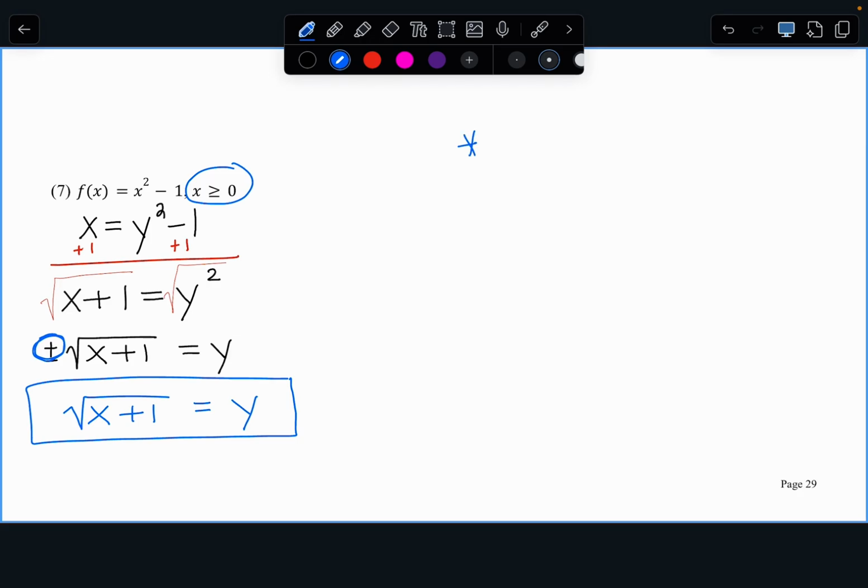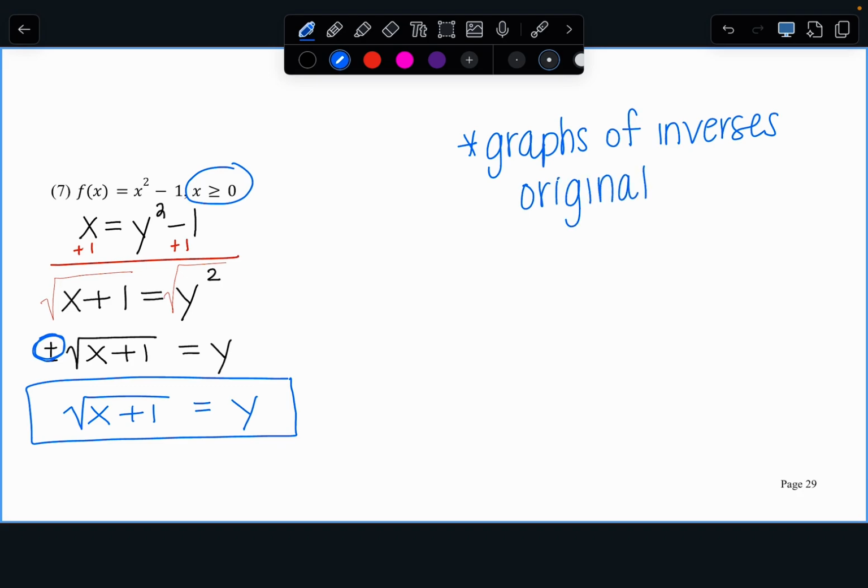When it comes to graphs of inverses, again, graphs of inverses, the original is x comma y. The inverse is y comma x.